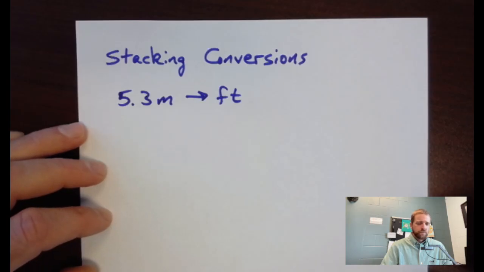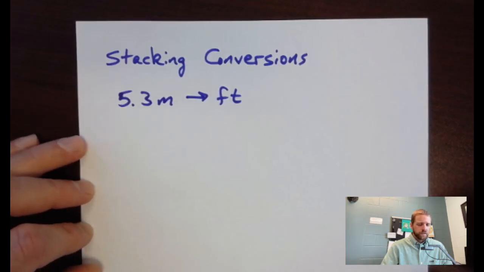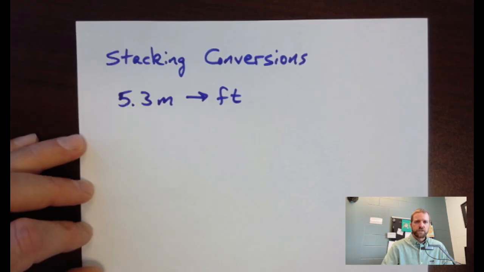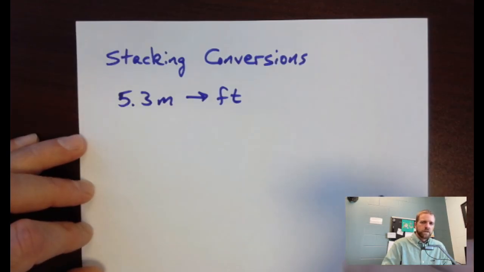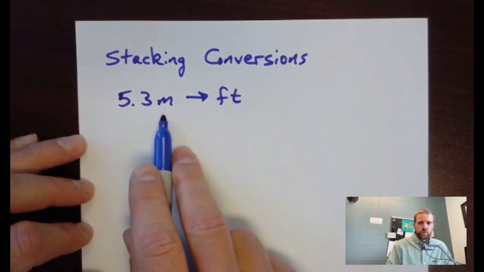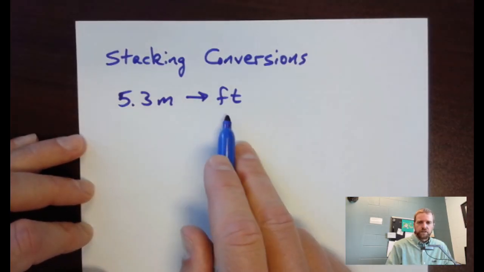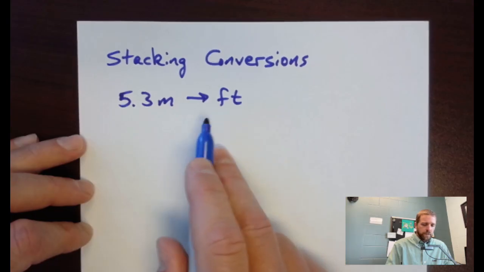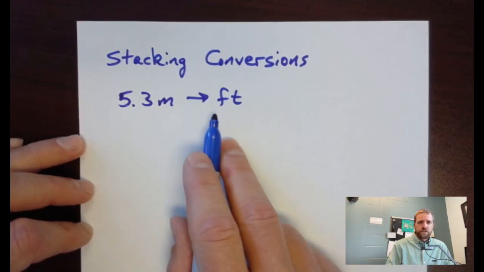So instead, we typically learn a select number of conversion factors, and we remember how to go from one to the other. So, for example, I know that the connection between the metric system and the standard system is 2.54 centimeters is an inch.